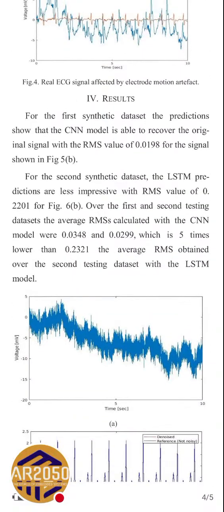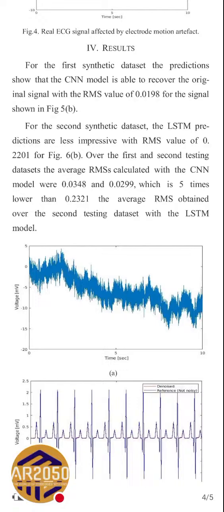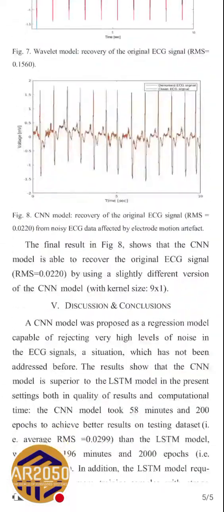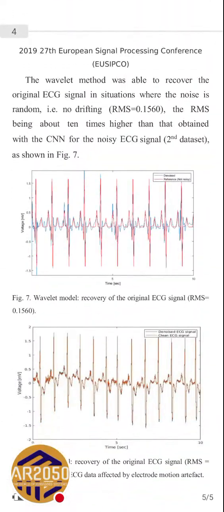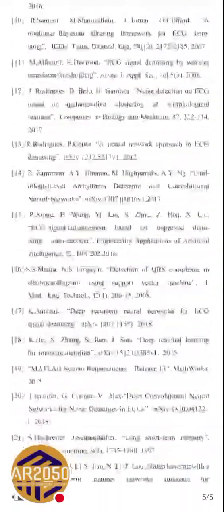For the first synthetic dataset, the prediction shows that the CNN model is able to recover the original signal with an RMS value of 0.01. And for the second dataset, the LSTM prediction, and here you can see the denoised data. So they get pretty good accuracy with this.